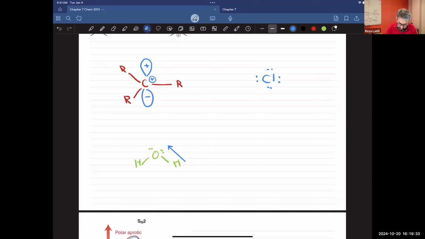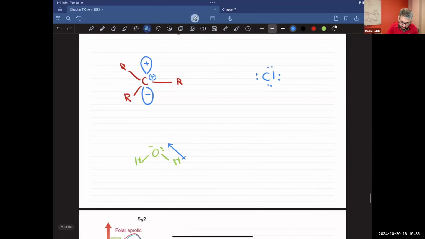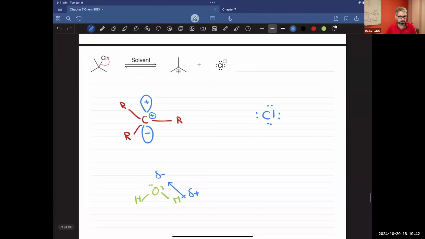So hydrogen is going to have a positive charge, while oxygen has a negative charge. Now, when it comes to the carbocation, we are missing an electron. So very soon, oxygen will be pointing to the carbocation, and it will try to have interaction with it.